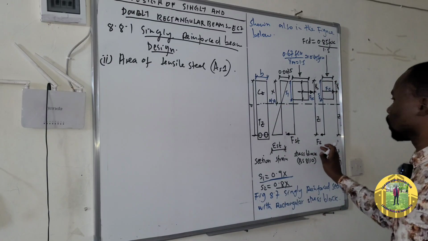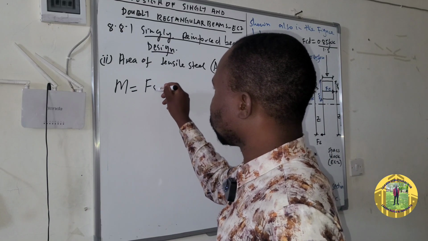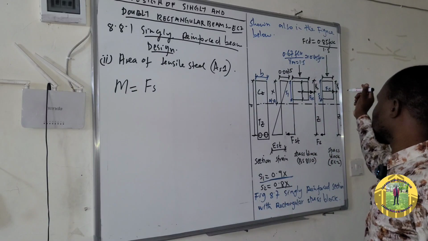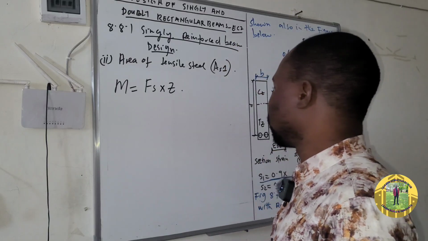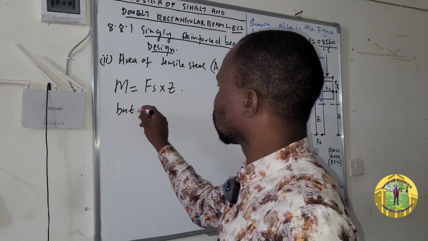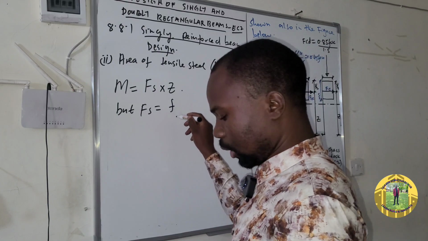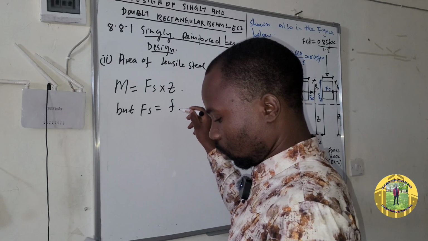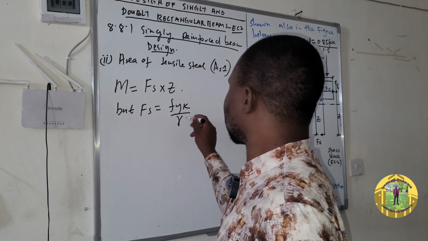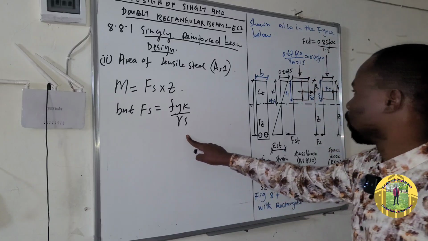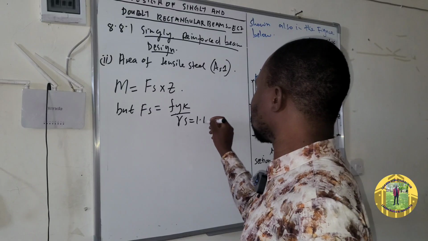So moment is equal to Fs, which is this force, times lever arm, which is Z. But Fs is equal to Fyk all over the partial safety factor for reinforcing steel, which is 1.15.